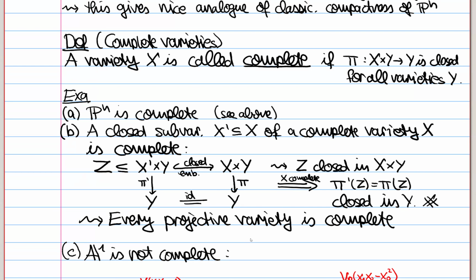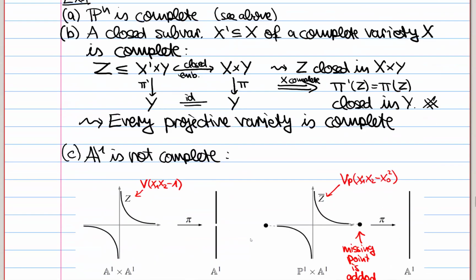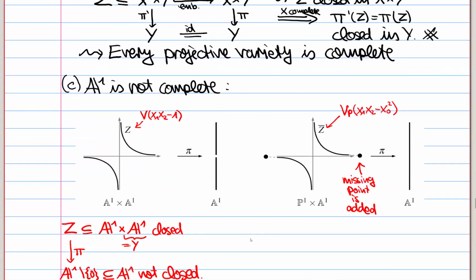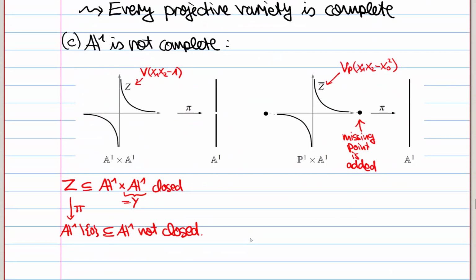To note that this is a special property, not every variety has this. Note that even the very nice variety A^1 is not complete. And to see this, we look at A^1 × A^1, mapping to A^1 by the projection. And then we can write down a very nice closed subset Z, which is the vanishing locus of x1 x2 − 1.